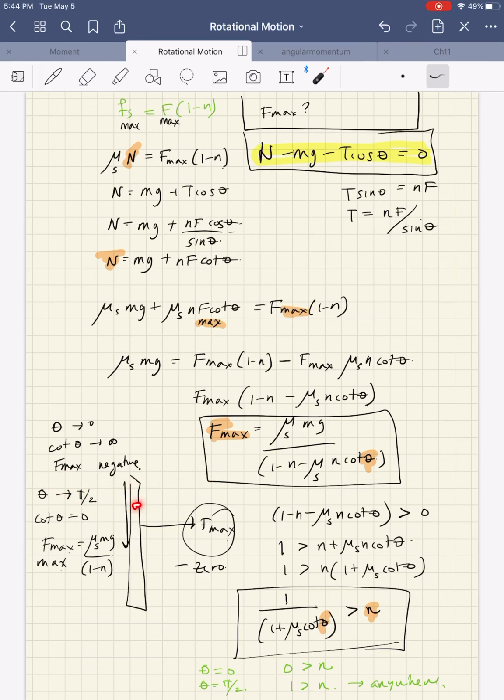For angles less than that, F max is going to be restricted to values below the value of n as dictated by each angle until it goes to 0 again. So for a given theta, there's a given range of n's that's allowed.